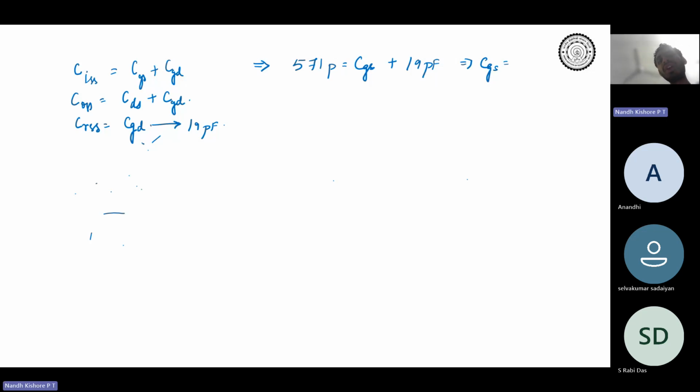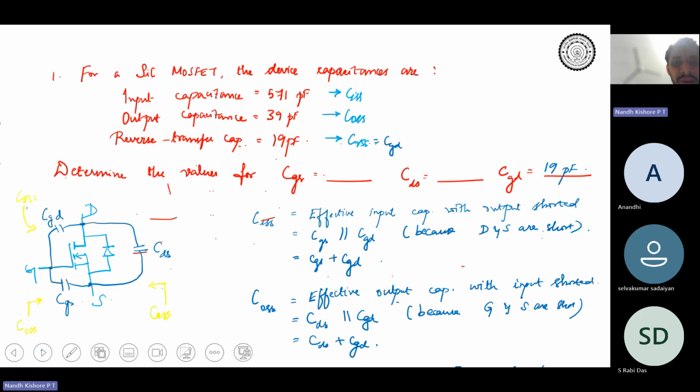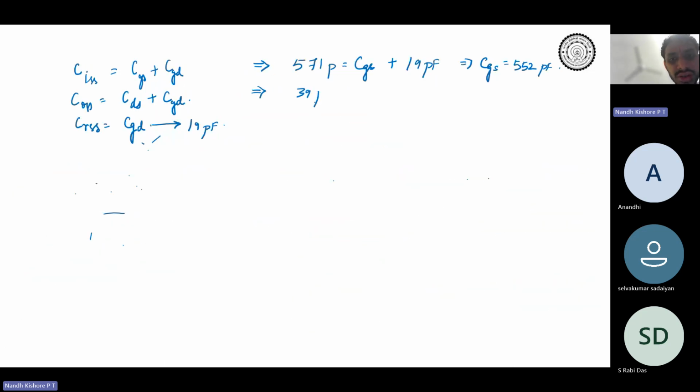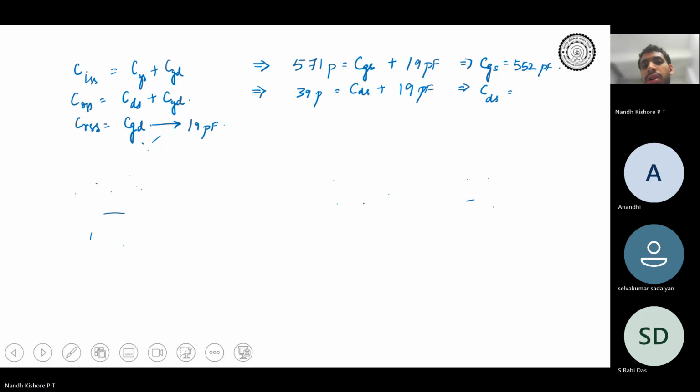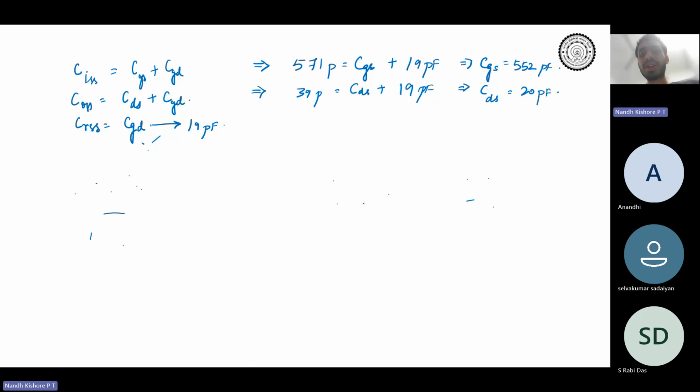Is this fine? Yes, sir. Similarly, COSS is given to be 39 picofarad, which is CDS plus CGD, and CGD is 19 picofarad again. Therefore, CDS turns out to be 20 picofarad.